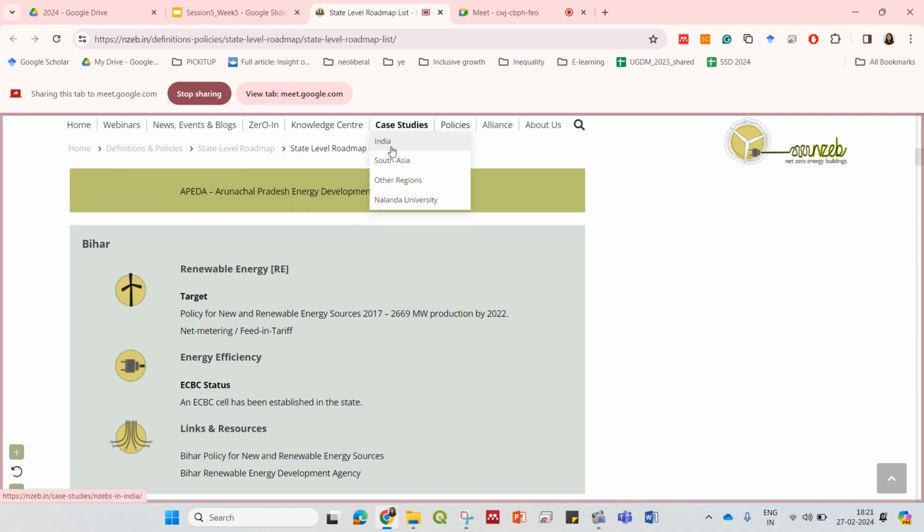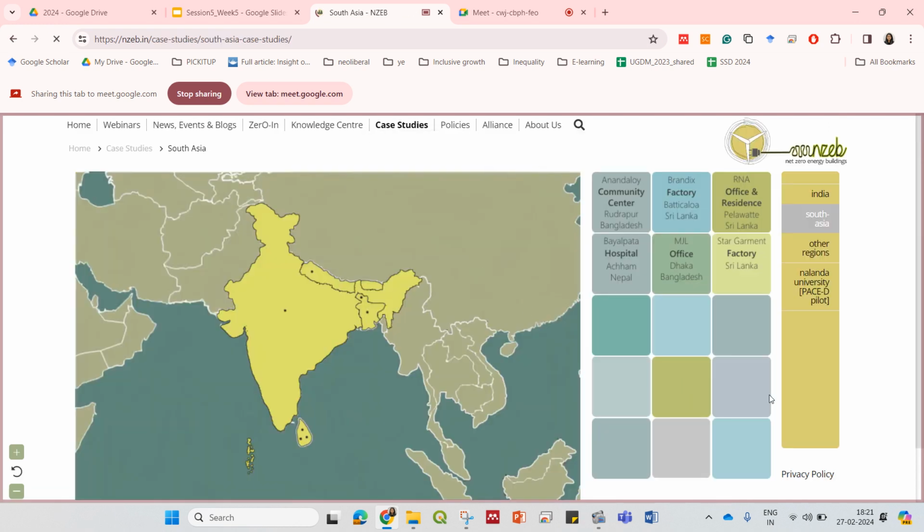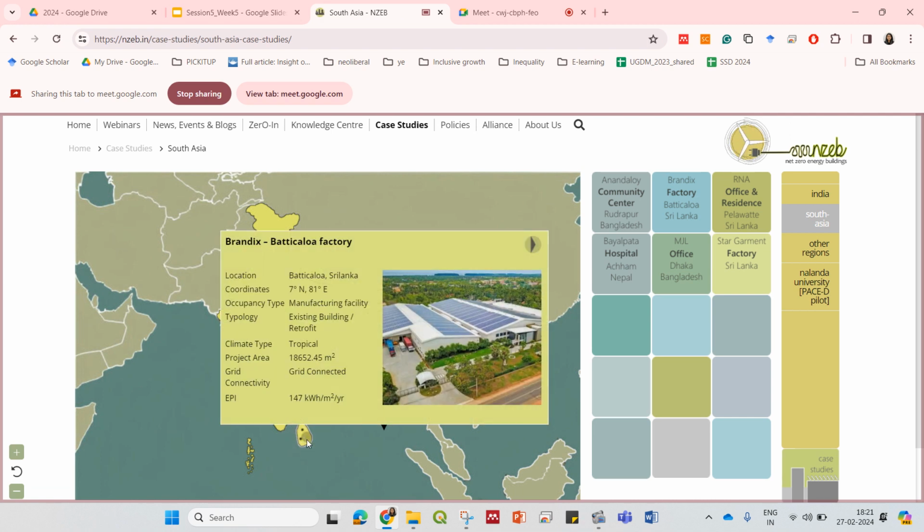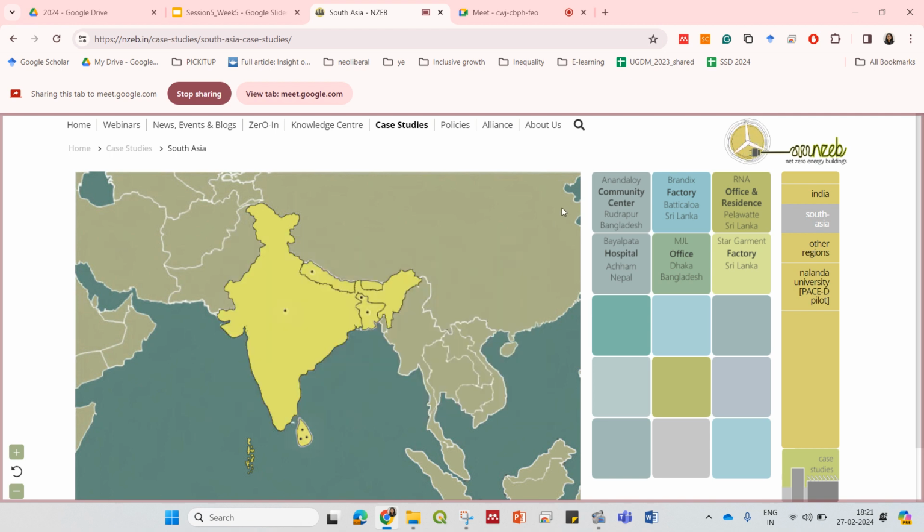They also have case studies. So they have case studies from India, South Asia, and other regions also. So if you click onto here, it will give you case studies of different net zero energy buildings. So for example, this is a factory or an industrial building which was an existing building and has been retrofitted to convert into a net zero or nearly zero energy building.